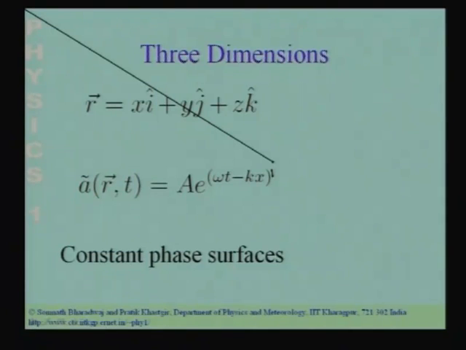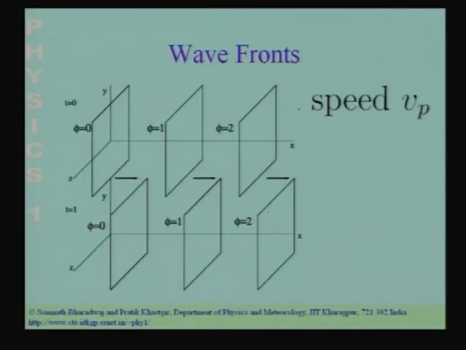The phase only changes if I move along the x axis. So, there are these constant phase surfaces. These constant phase surfaces are what are called wave fronts.